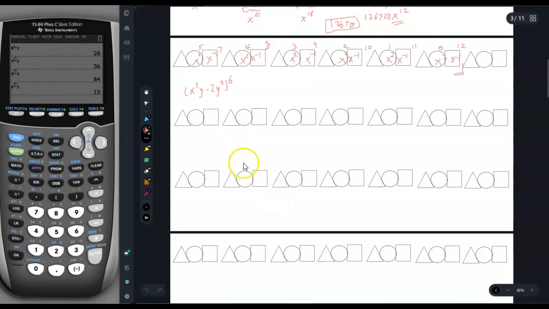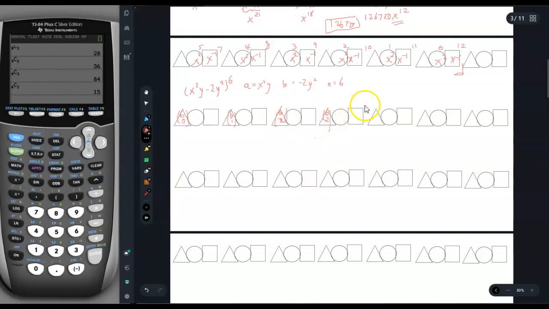So the a value is x squared y, right? And the b value is negative 2y squared, right? And the n value is 6. So let's expand this. We're not going to do this in much detail, because the first thing we're doing is just trying to figure out which of these terms is the term that we're interested in, right?